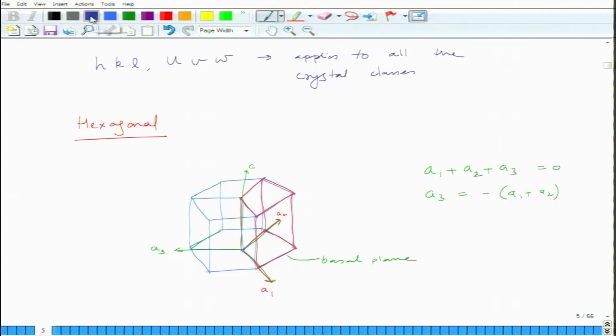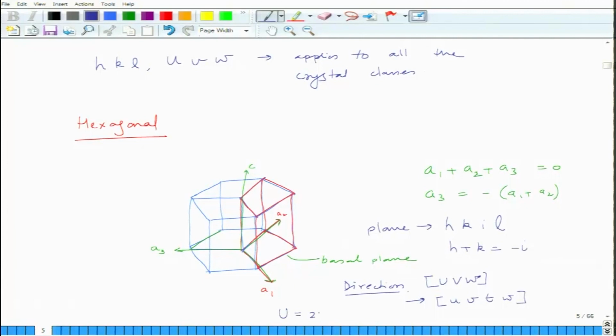So, we define a new system. Instead of the 3 axis HKL system we take HKIL, where for the plane H plus K is equal to minus I. But for the direction, if I have the 3 index system UVW, then that can be written as UVTW, where one can prove it vectorially.